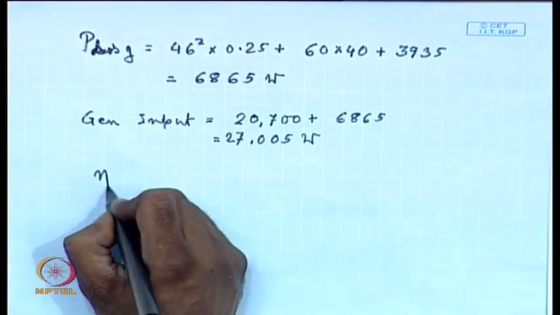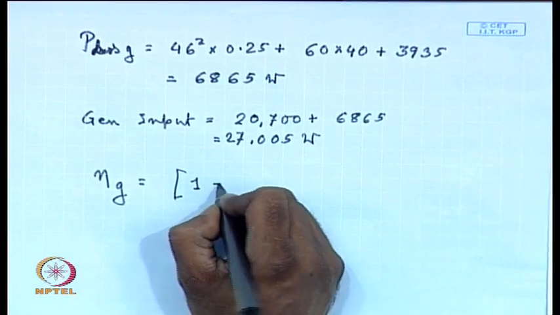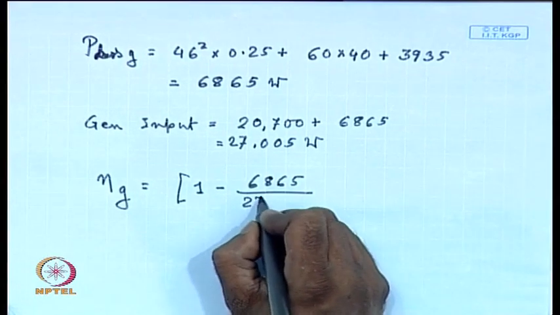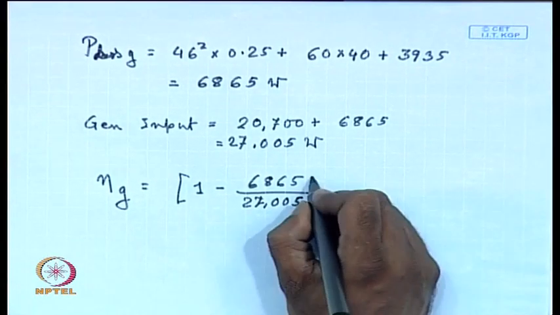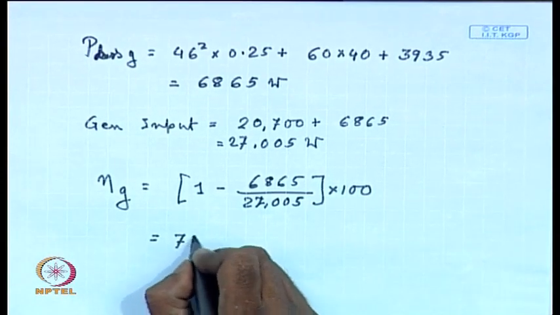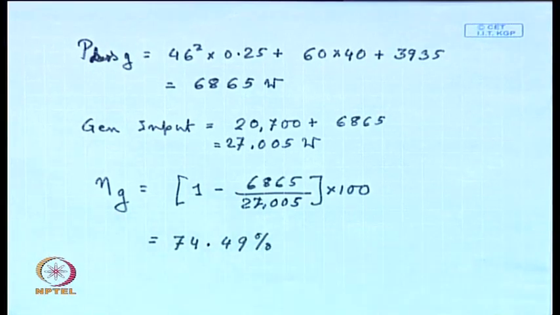So, generator efficiency nu G equal to 1 minus 6865 divided by 27,005 into 100, which comes to 74.49%. Thank you.